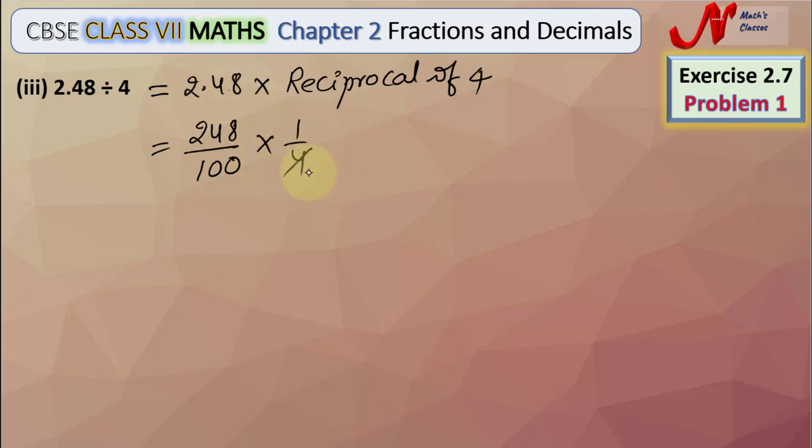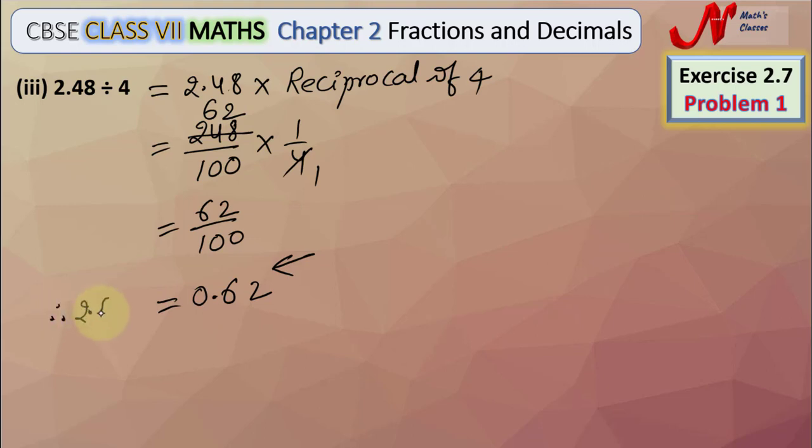We can cancel: 4 ones are 4, 4 sixes are 24, 4 twos are 8. So we can write 62 by 100. In the denominator we have 100. So in the final result, from right to left, we keep the decimal point after 2 digits. So we get 0.62. Therefore 2.48 divided by 4 is equal to 0.62.